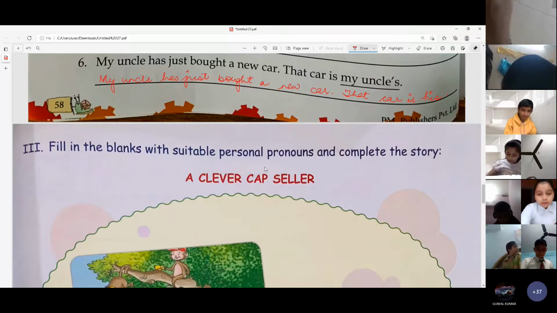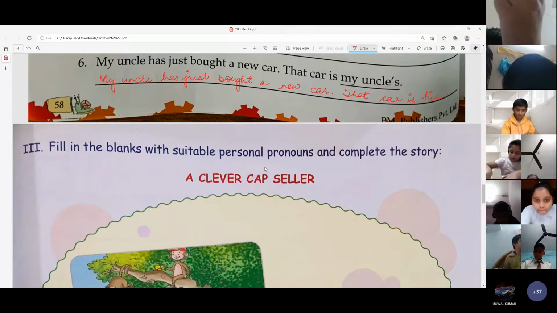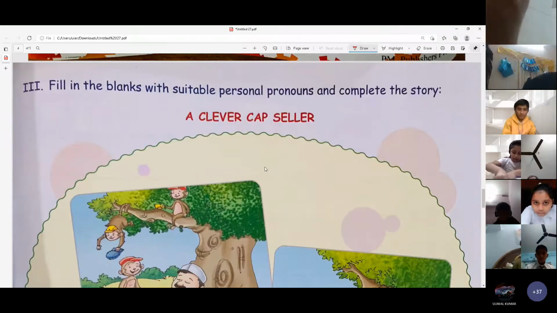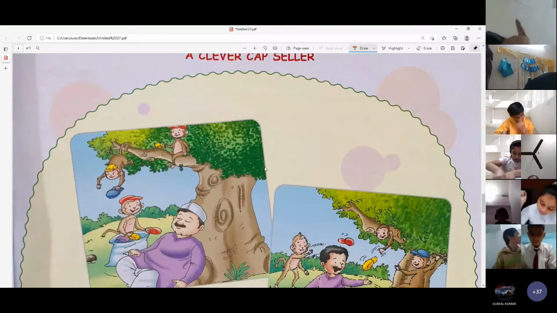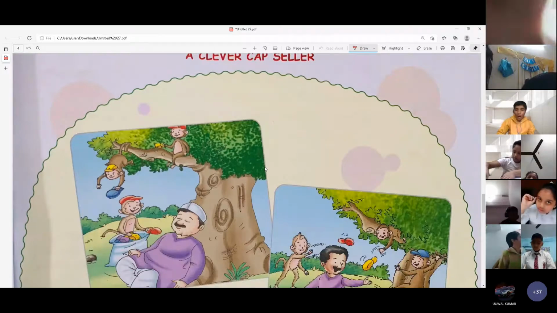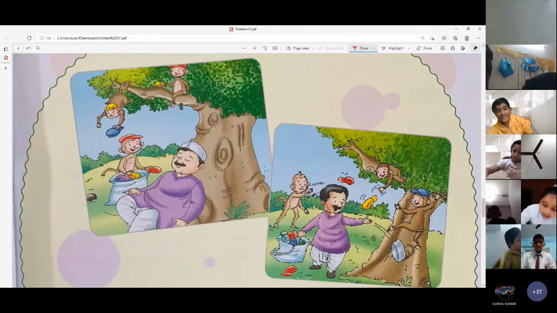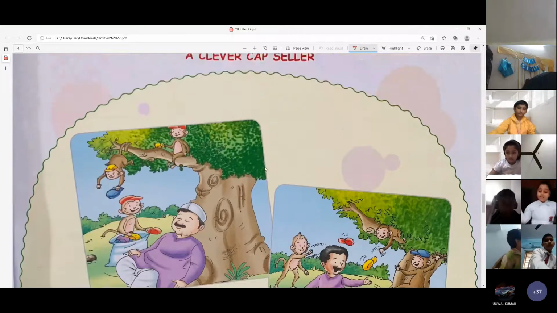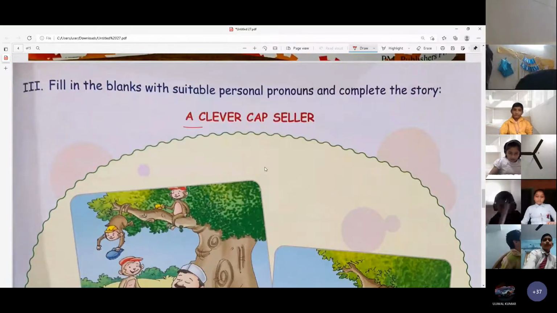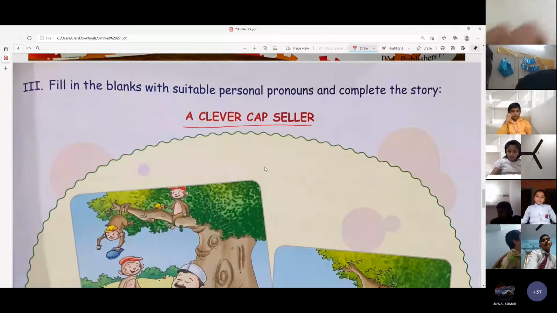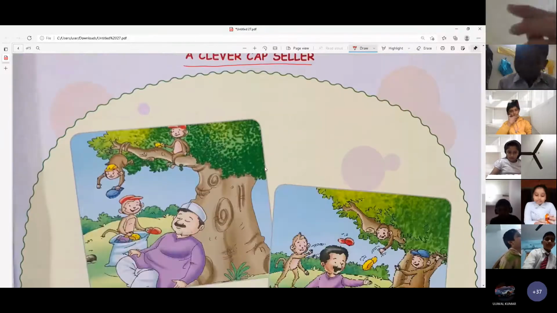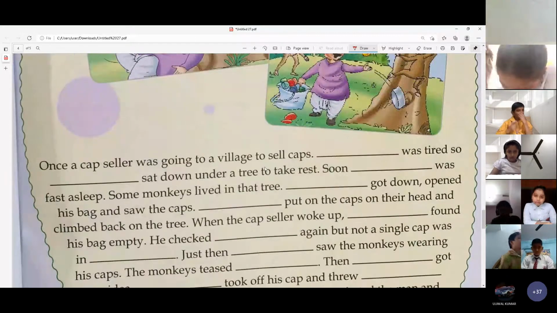Okay, now fill in the blanks with suitable personal pronouns and complete the story. What is the title of the story? A clever cap seller. Very interesting story it is.